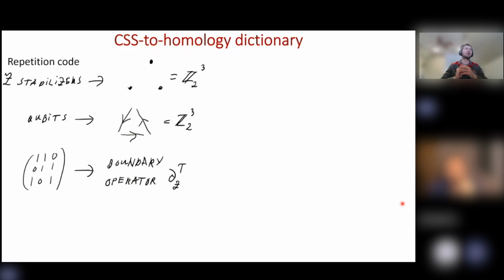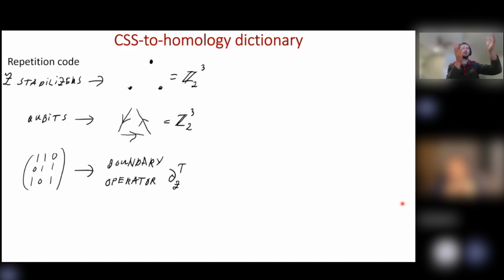We're going to think of our 3 Z stabilizers as vertices of a triangle. Each stabilizer, each check, remember, is a product of 2 Z's. And so each vertex here can be thought of as touching 2 edges. And so we'll put our qubits on 3 edges of the triangle that connects the 3 vertices.